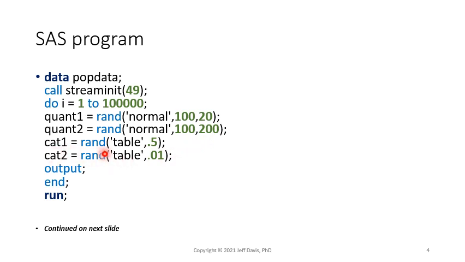For the first categorical variable, we're just going to set up a simple table statement. Here we only have one value, of 0.5. But just keep in mind that if you only put one value in the table statement, SAS will automatically adjust for the second value.